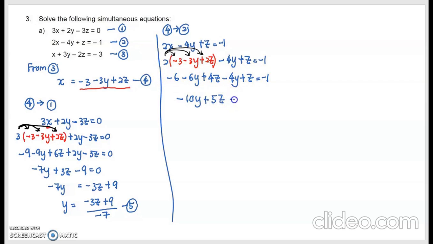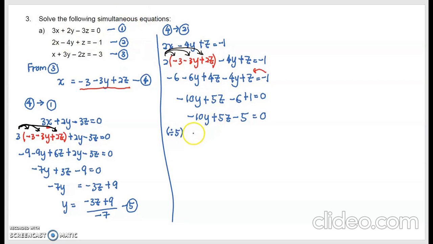Negative 6. Let's say I move negative 1 to the left hand side. It will become plus 1 is equal to 0, negative 10y plus 5z. Negative 6 plus 1, negative 5 is equal to 0. Since 10, 5 and 5 are multiples of 5, we can try to simplify. How are we going to simplify? Divide by 5.